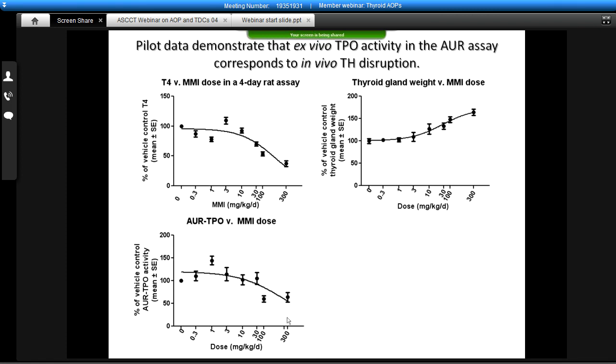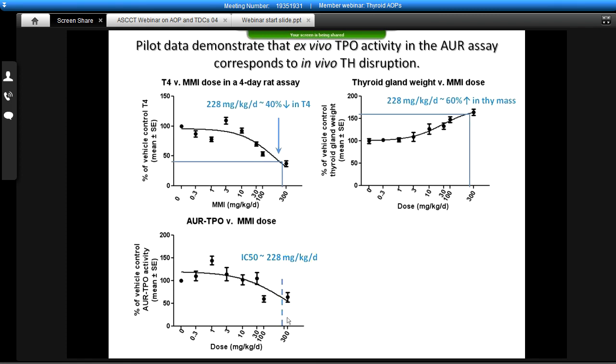So we have a consistent response where we saw thyroid hormone disruption in vivo, and it corresponds to Amplex UltraRed thyroperoxidase inhibition in vitro. So if I just draw the IC50 for Amplex UltraRed TPO activity on the graph, it is predicted to come at about 228 milligrams per kilogram per day of methimazole.